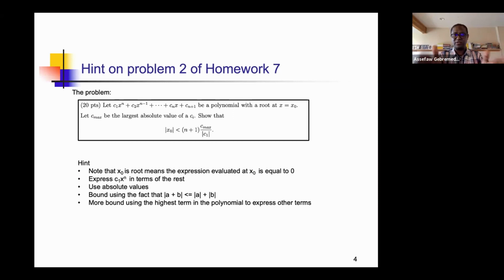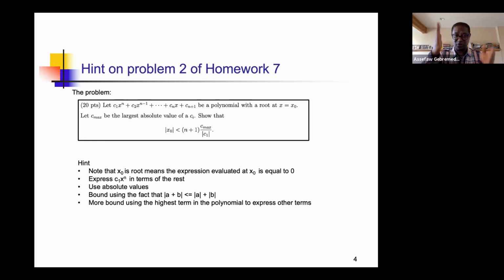So the problem, the way it is formulated in the book, and also given in problem 2 in homework 7, reads like this, the 20 points at the back. So you've got a polynomial now of a single variable, and that's x. You've got these coefficients that are associated with each of these terms, depending on the degree of that variable, to the power of n, to the power of n minus 1, and so on.